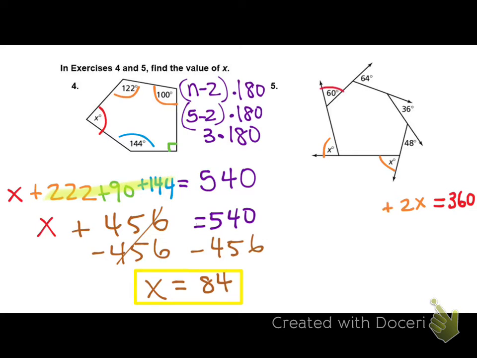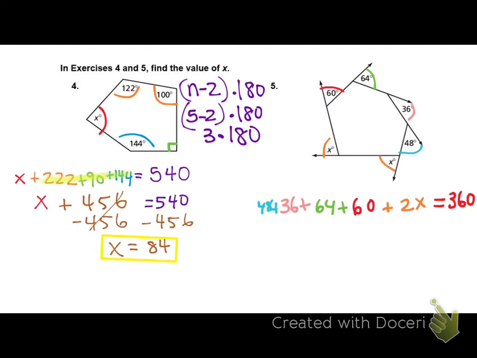And we got 60, 64, 36, and then 48. I ran out of room. Someone go ahead and combine those. 208.